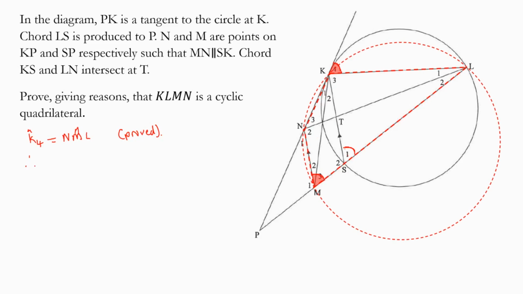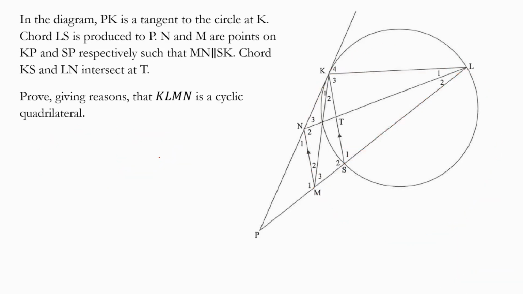So therefore, KLMN is a cyclic quad since the exterior angle of the quad is equal to the opposite interior angle. Okay, so we say that KLMN is a cyclic quad. That's the first method. Now let's go to the second one.